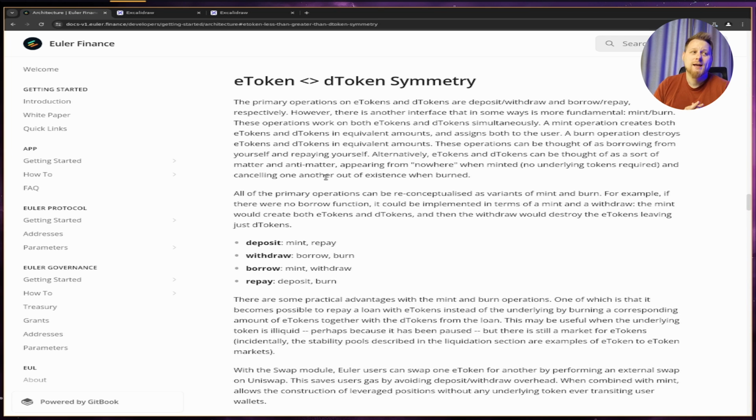So let's say the user has 20% less than the amount required by the health factor. If they have 20%, the liquidator will get this 20% as a bonus for liquidation.